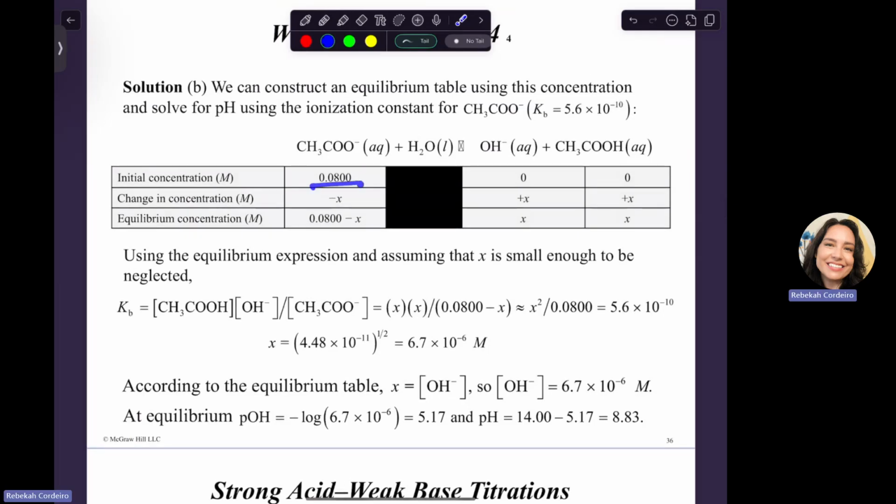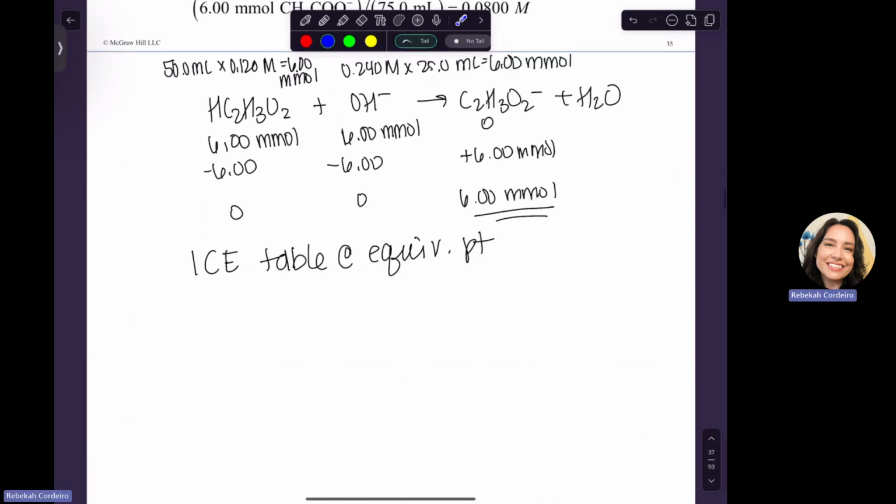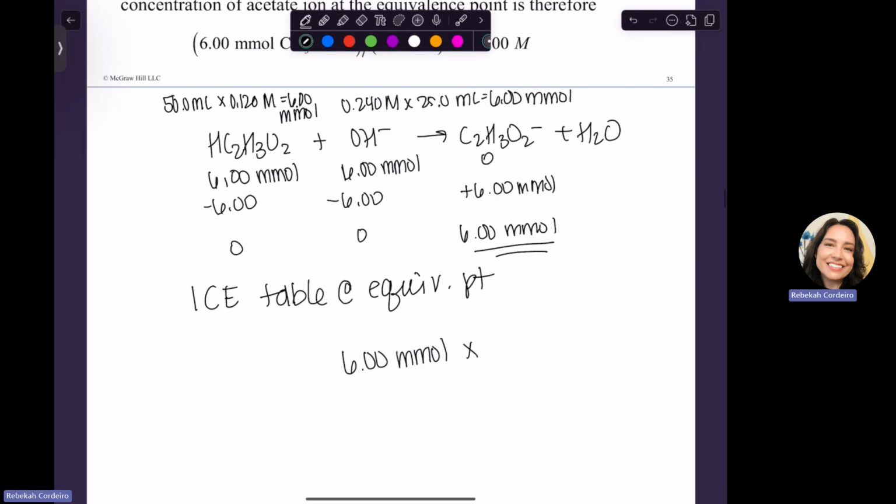Where did I get this? Oh, that's the molarity. So now we need to get the molarity. So we'll take our 6 millimoles, times what's our new concentration? So we added in 50 milliliters plus 25 milliliters equals 75 milliliters total.